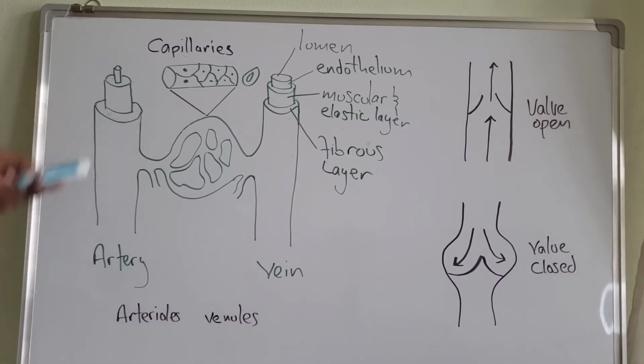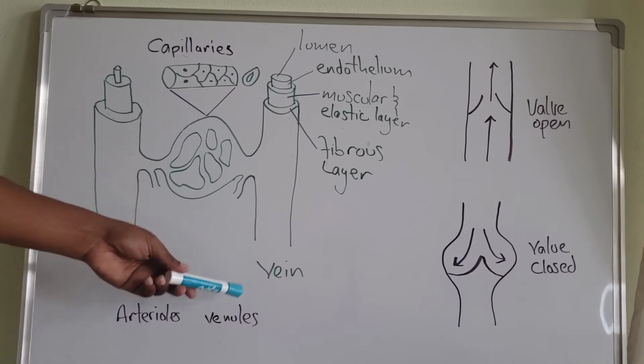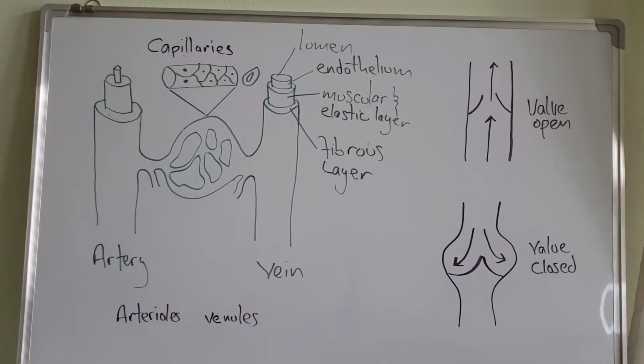In the arteries, blood flows away from the heart. So as blood leaves the heart, it passes through arteries. In veins, blood flows towards the heart. So as blood goes throughout our body and returns to our heart, it returns via our veins. So veins return blood towards our heart.